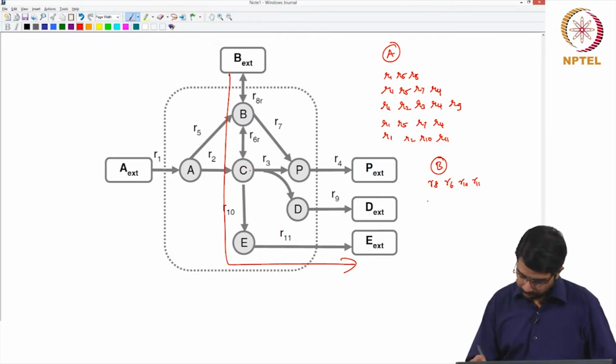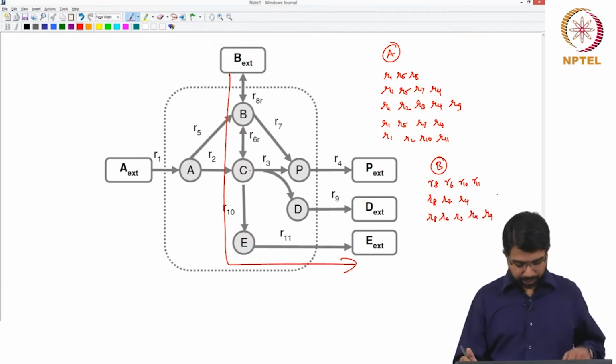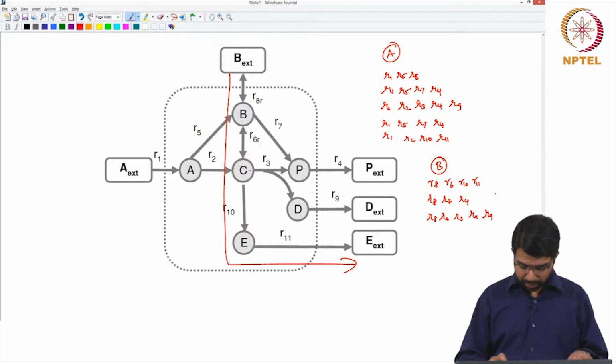Or you can have R8, R7, R4, or R8, R6, R3, R4, R9. So, we have R1, R11 is there, right. So, R1 to R11 you can go like this, that is taken care of.